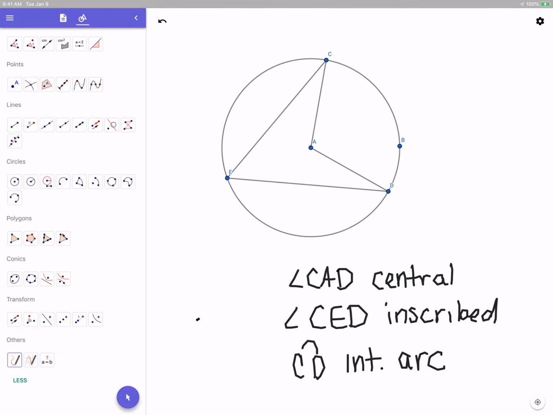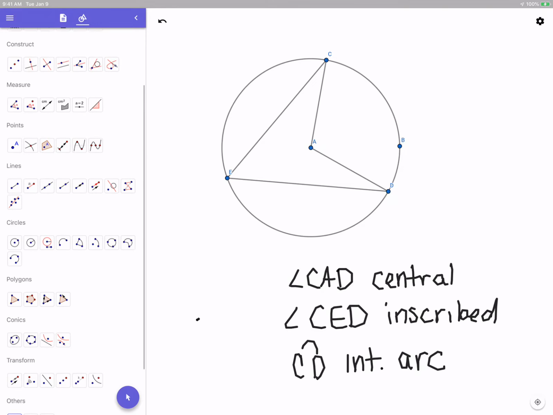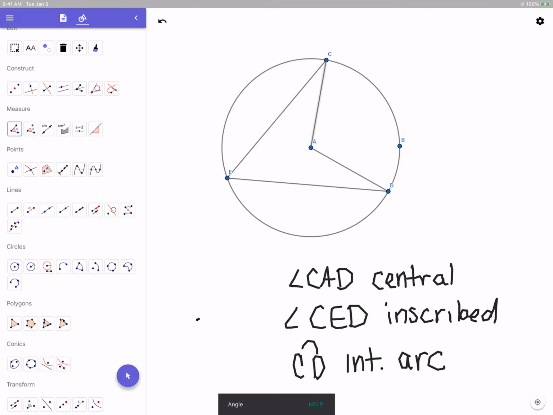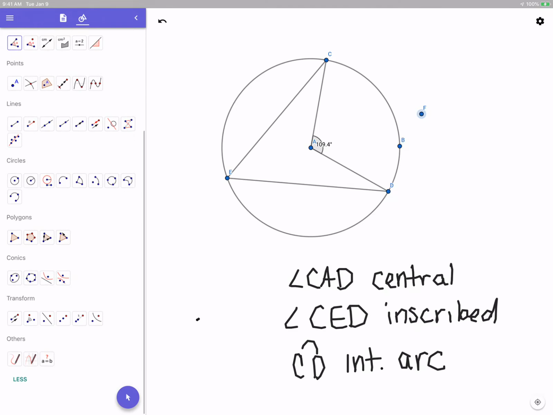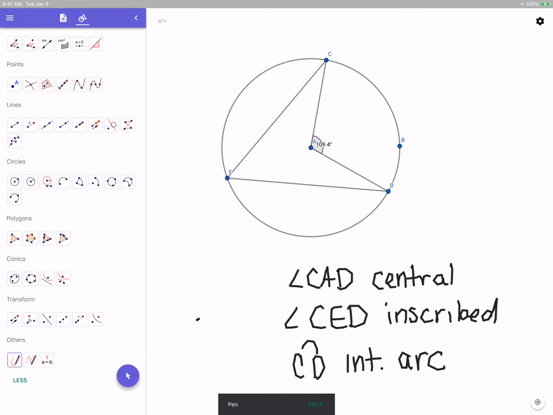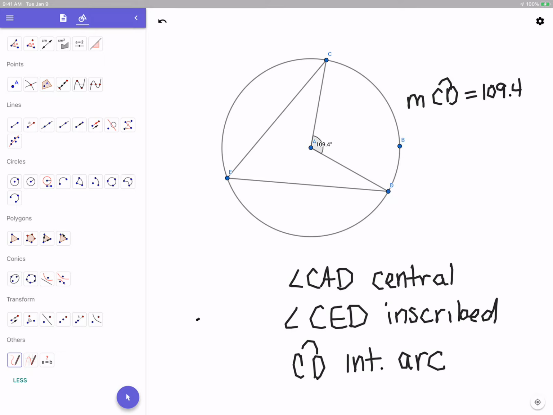Okay, I'm going to go ahead and measure the central angle first. So I'll use the measurement tool. And that measurement is 109.4, which if you remember, means that the measure of arc CD is also 109.4, because the central angle measure and the intercepted arc's measure are the same.